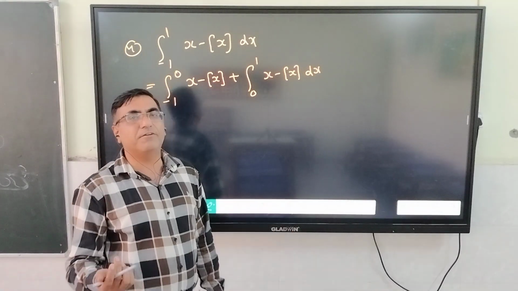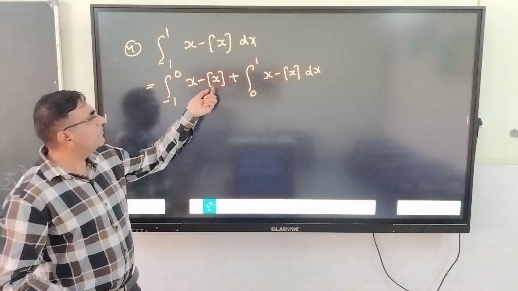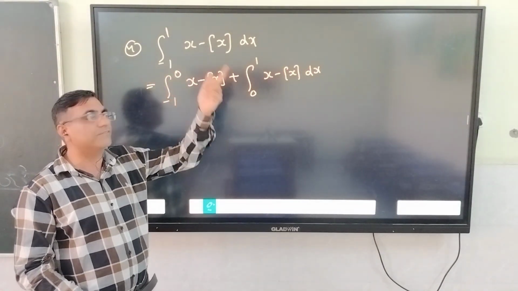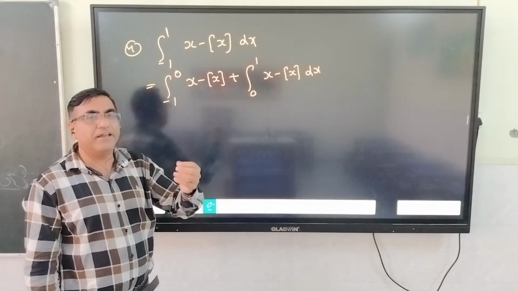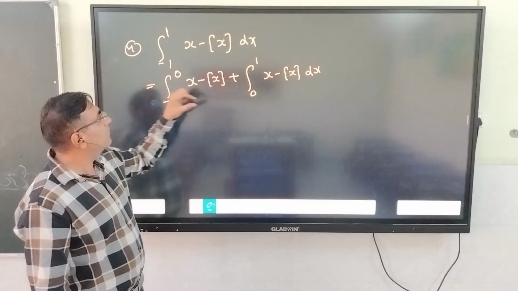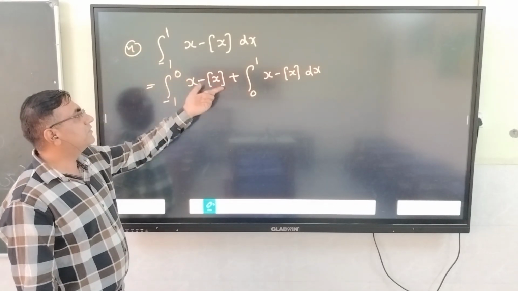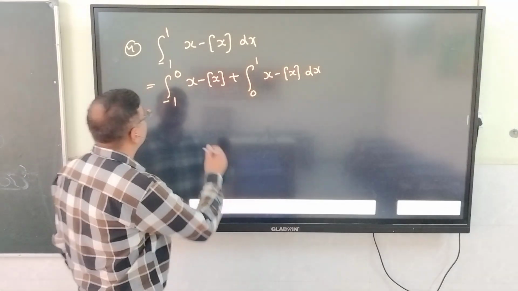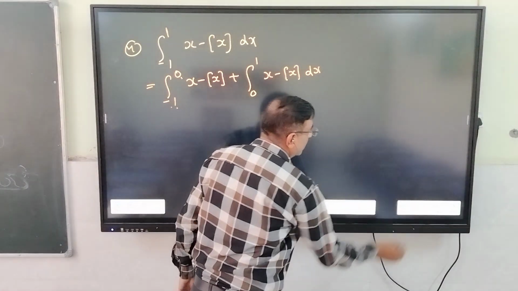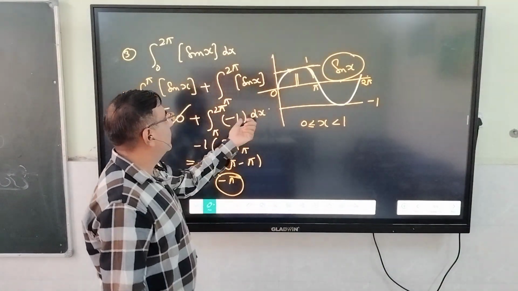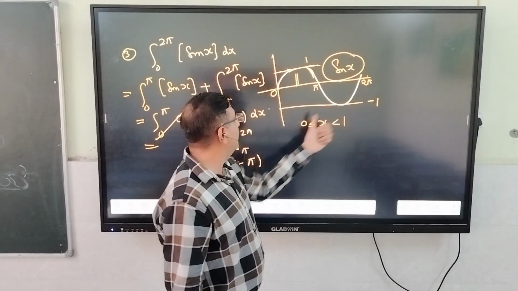Now many students will ask me why to break it into minus 1 to 0 and 0 to 1. Because this is a linear function inside the greatest integer function, so we break it into the simplest greatest integer pieces. If we talk about minus 1 to 0, we have studied that the value of the greatest integer is minus 1.